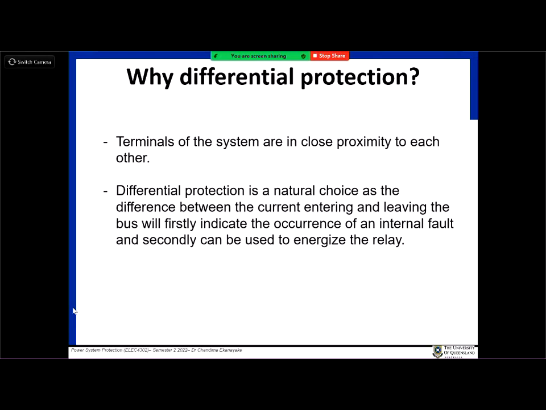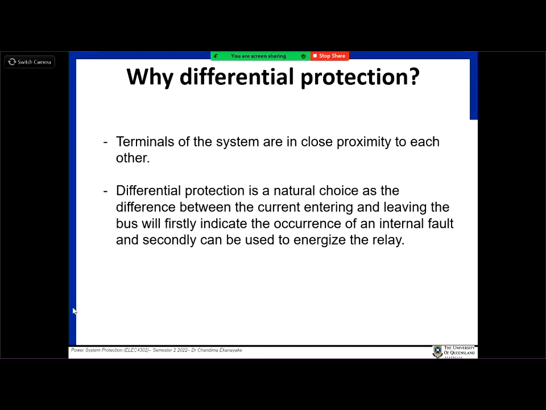So why differential protection? Because we can't use impedance protection, as the bus impedance is almost the same everywhere. There are no impedance differences, so impedance is not going to work. The easiest way is to look at a certain zone, and if there is a current difference between incoming and outgoing, then it is easy to identify.